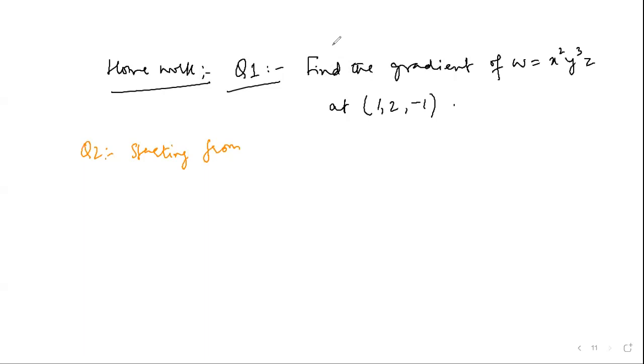I will not give you this question now. My question 2. First question is find the gradient of the scalar field given, w equal to x square y cube z, and the point is also given. You have to just find the gradient, not the directional derivative.